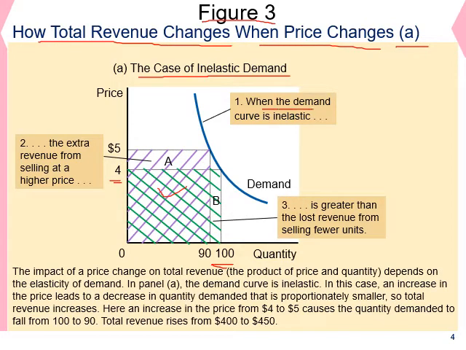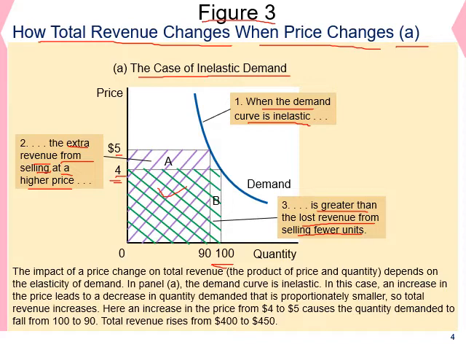So when the demand curve is inelastic, an increase of the price from $4 to $5 will lead to extra revenue from selling at higher prices that is greater than the lost revenue from selling fewer units.